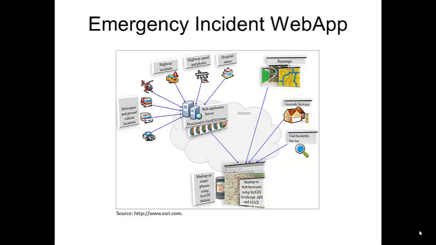Here's another example. This is an example from Esri, and this is an emergency incident web app. In this case, we can see we've got information coming in from helicopter and ground vehicle locations. We've got information coming in about highway incidents, highway speed and photos potentially, hospital status. We've got base maps potentially. We've got geocoding services. Somebody calls in and says there's an incident.